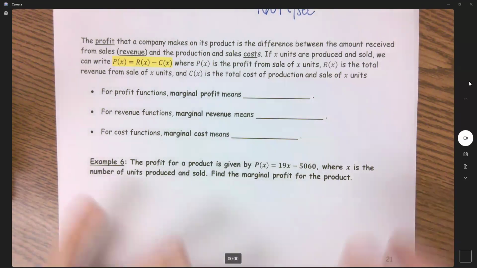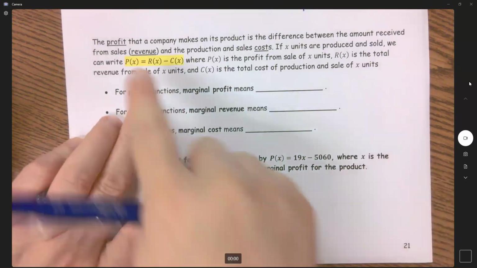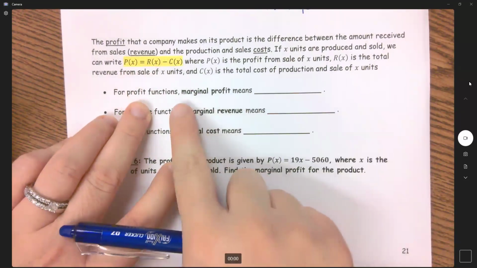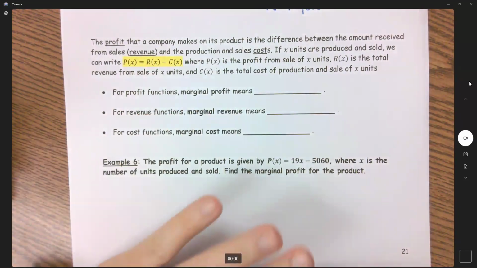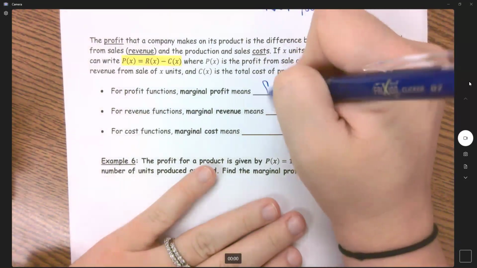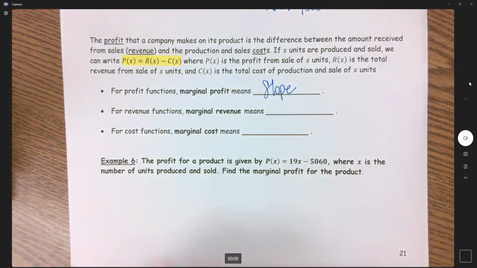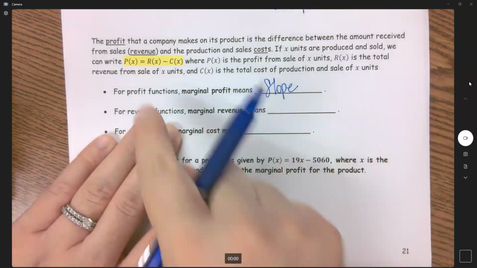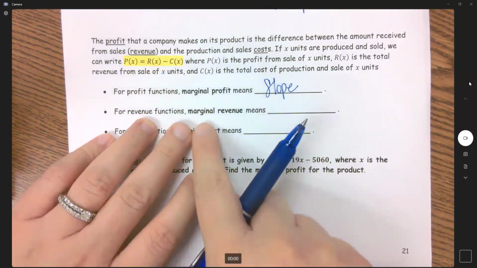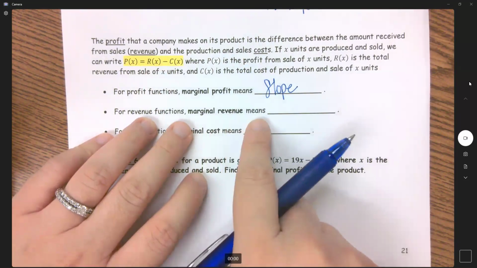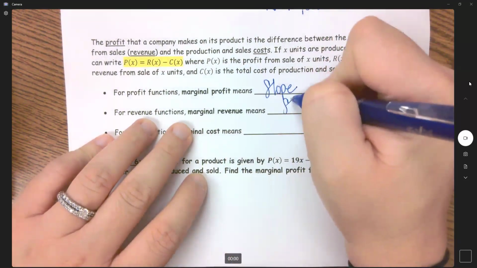So for a profit function, which is your P(x), marginal profit means slope. For revenue functions, which are your R(x), marginal revenue means slope.